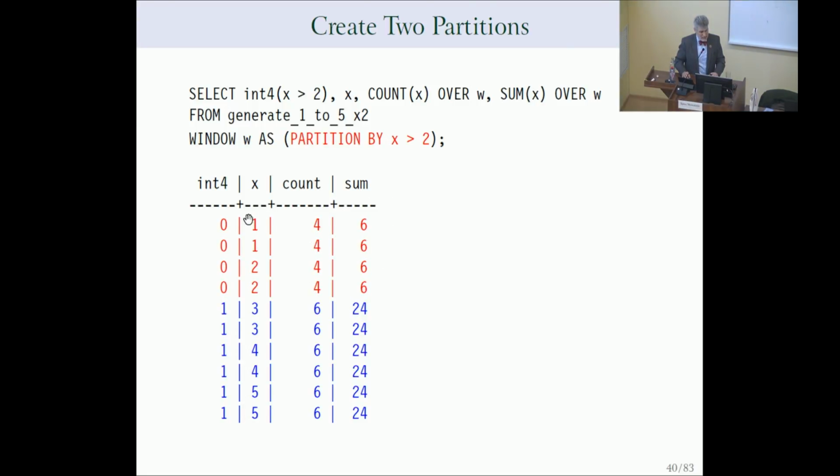So this is 6 because it's 1 plus 1 plus 2 plus 2. And this is 24 because all of these numbers added together are 24. Okay? So again, a partition without anything else, there's no order by, you're in range mode, you end up counting and summing all of the rows.